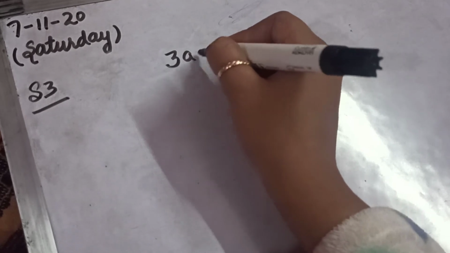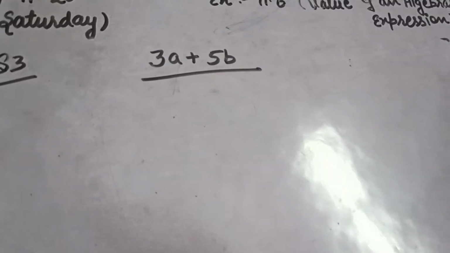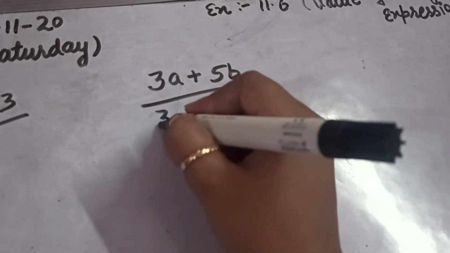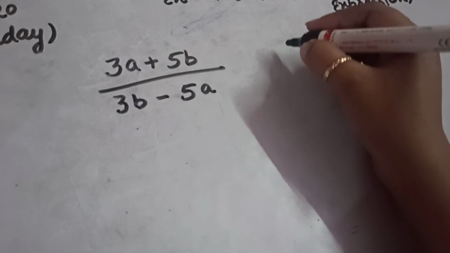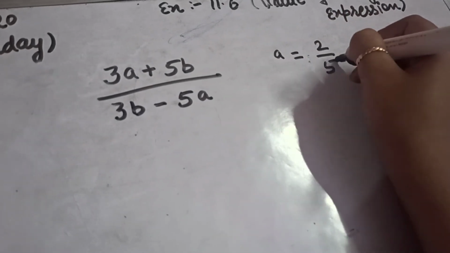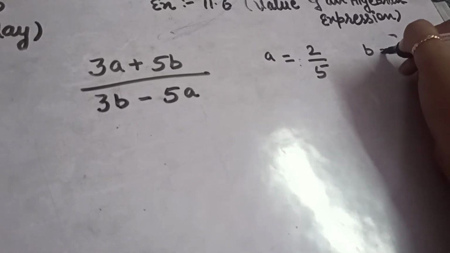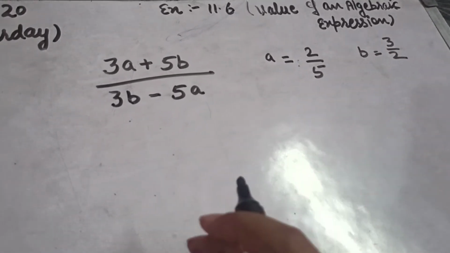3a plus 5b by 3b minus 5a. Now in this the value is a equals 2 by 5 and b equals 3 by 2, right?